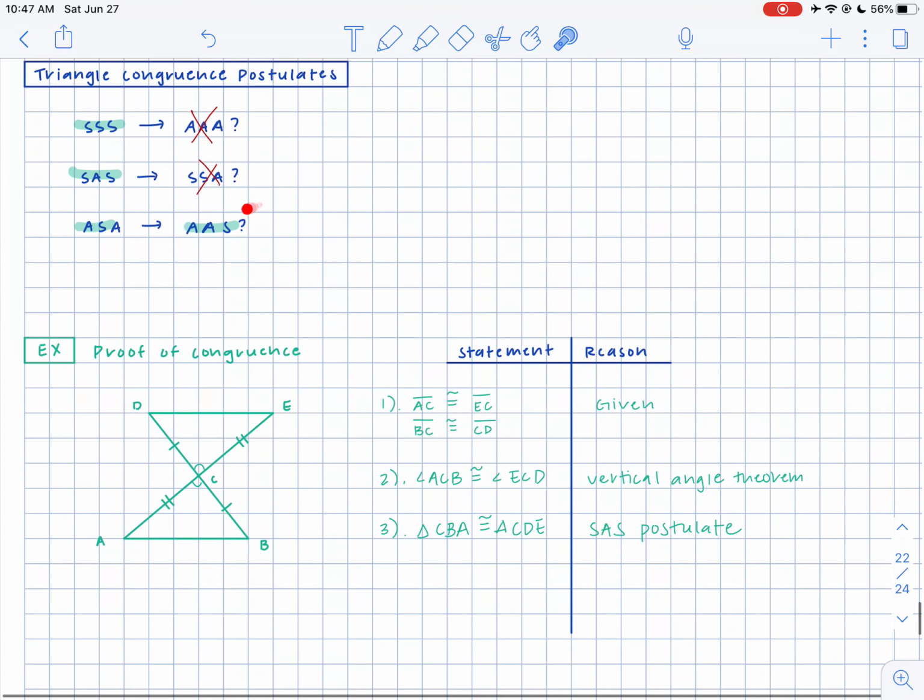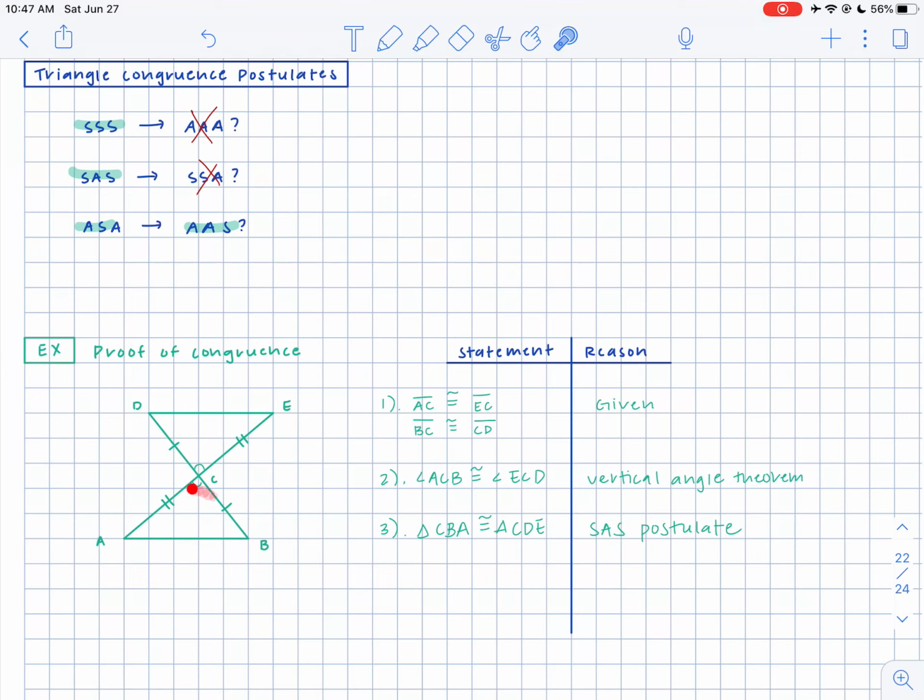But like I said, based on the 3 postulates and the theorem, we need 3 pieces of information. So we figured out a 3rd piece of information based on what we've learned before, which was the vertical angle theorem. Okay, so you see how a lot of what we learned before is going to become relevant now, and they are all connected to each other.